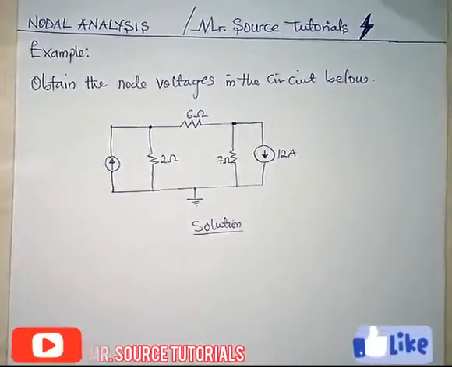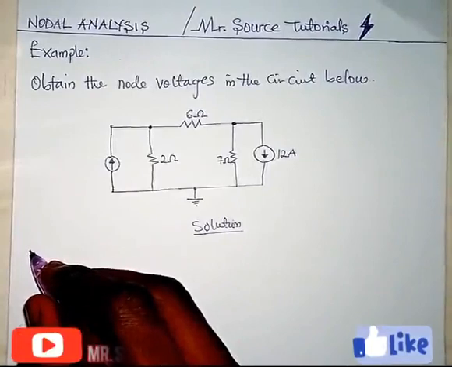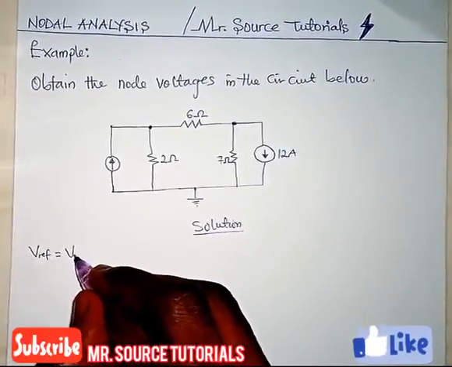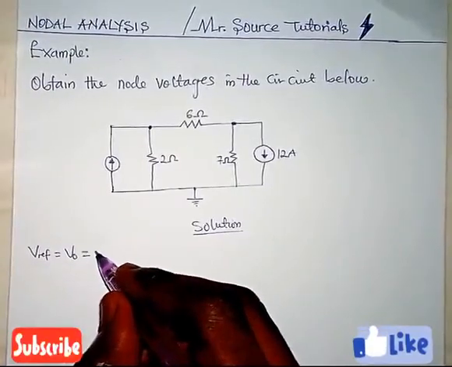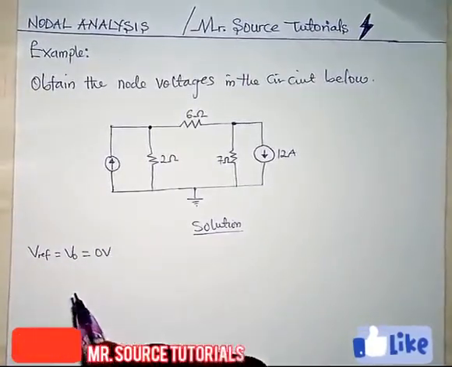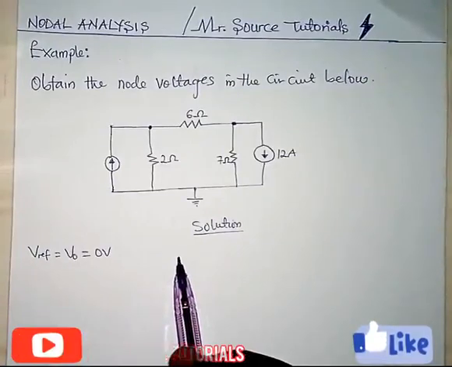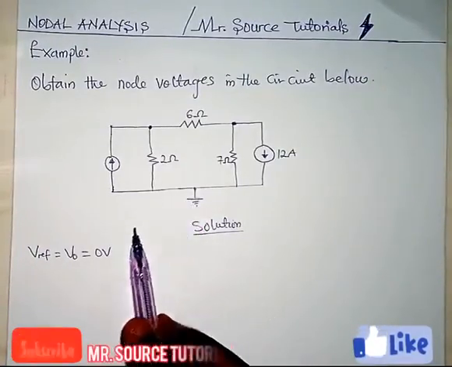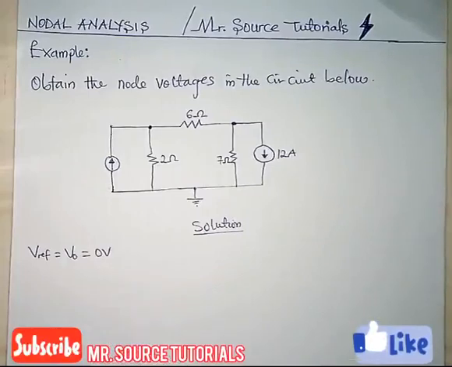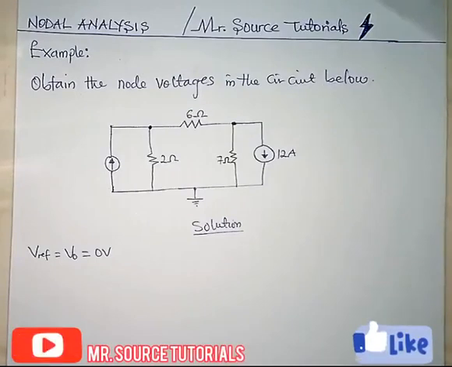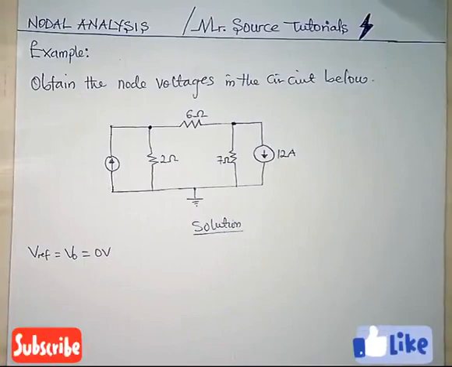Now, our reference node, V ref or V0, is always equal to 0 volts. That is to say, the voltage at the reference node is always equal to 0. The next thing for us to do is to assign the voltages at the non-reference nodes.